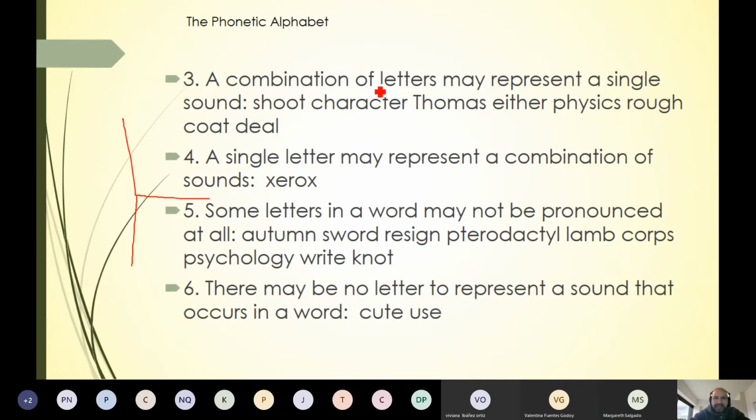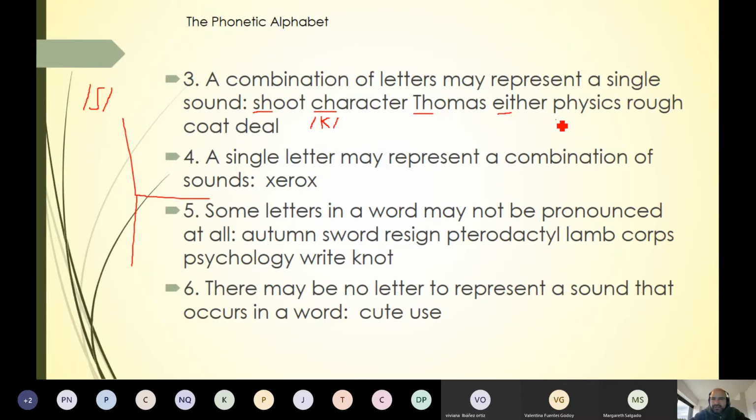So number 3 says a combination of letters may represent a single sound. For example, in should we have a combination of letters to represent one sound, sh, which can be represented by this symbol. Here we have a combination of C and H, which is represented by the symbol k, in character. Here we have the combination of TH.